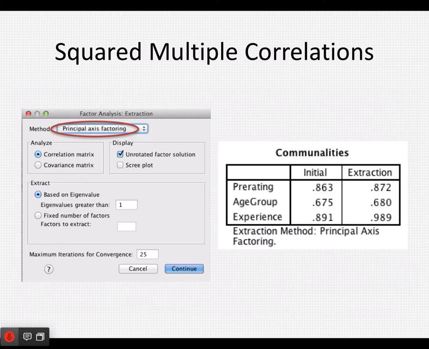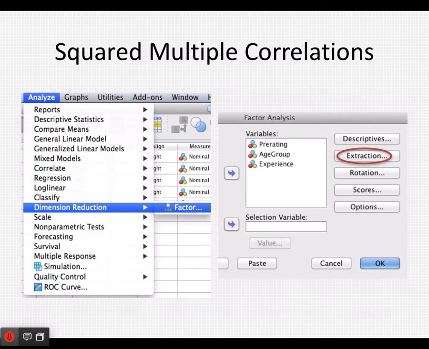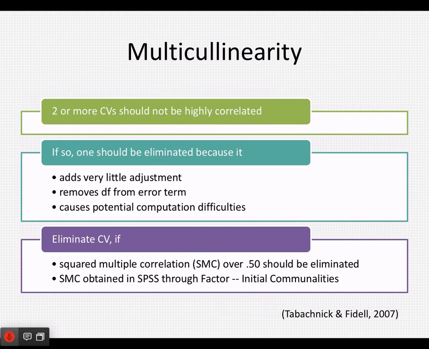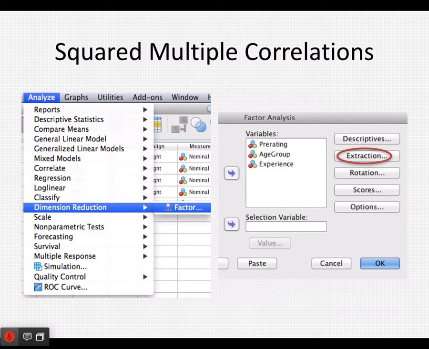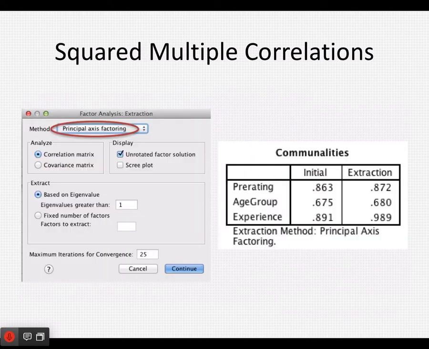You look at the initial column, and if it's over 0.50, it's multicollinear. So all three of those were multicollinear with each other. Yes, so we would then drop two and keep the one that's most highly correlated with the DV.